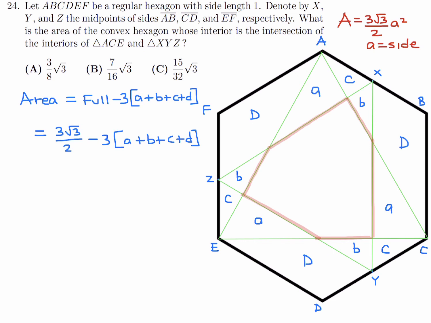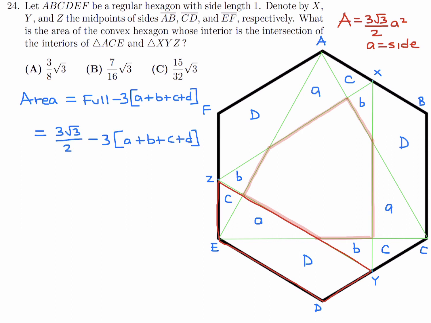Well, this section right here, which is pretty much like a trapezoid, is C plus A plus D. So those 3 letters, C plus A plus D, I can calculate, and then later I'll calculate B individually.